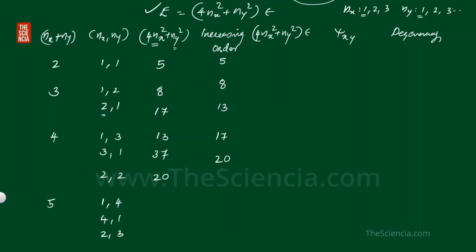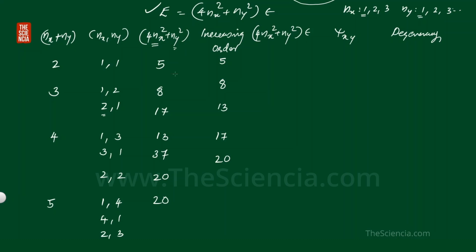So for 1, 4, if nx is equal to 1, that is 4 plus 4 square, right? That is, again you will get a 20 value here. And for 4 and 1, if you substitute nx equal to 4, that is 4 into 4 square, that is 4 into 16 plus 1 square. Okay, leave that, that is a big value, right?